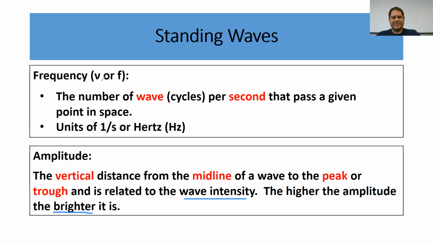Now, the symbol for frequency is either this funny looking letter called nu, or an f for frequency, and we'll be using these two symbols interchangeably. What are the units of frequency?